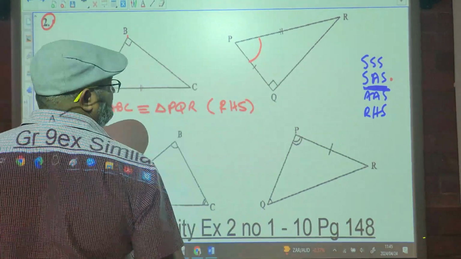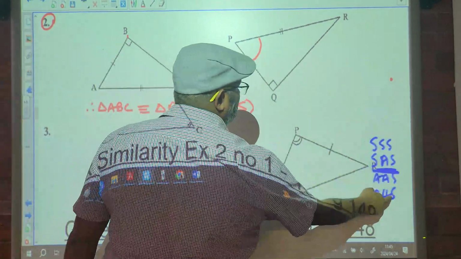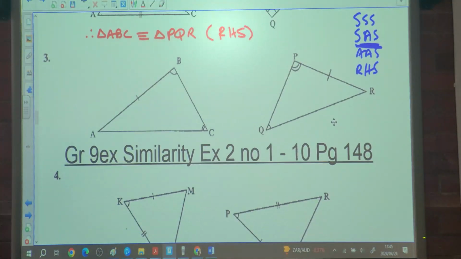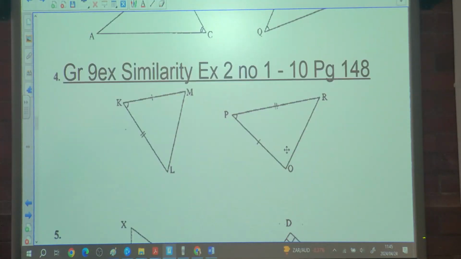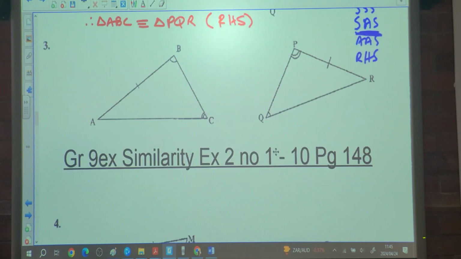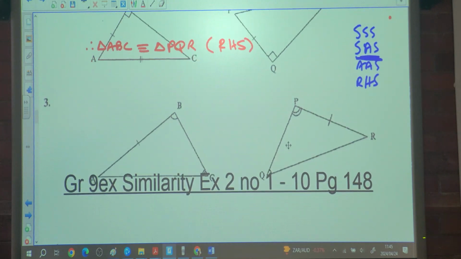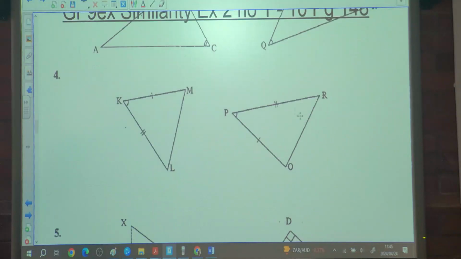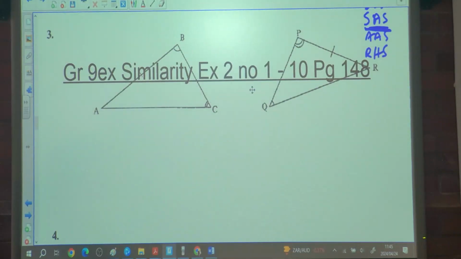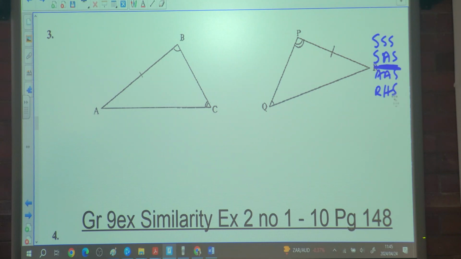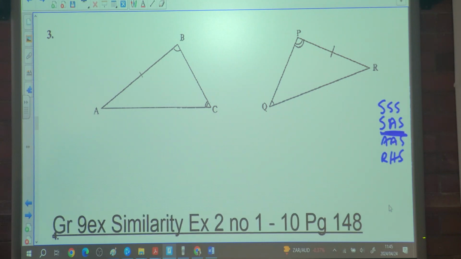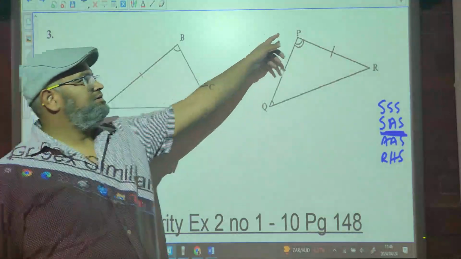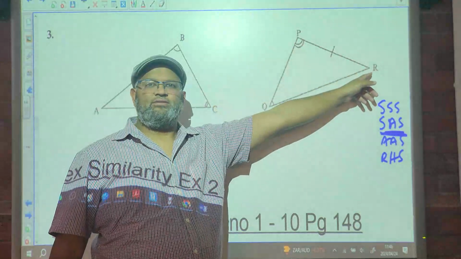Let's look at number 3. Right. You see AB is equal to PR, which is correct, not so?